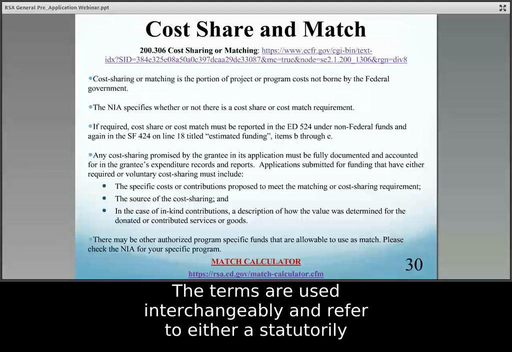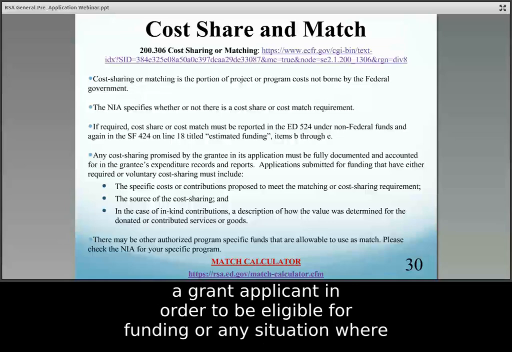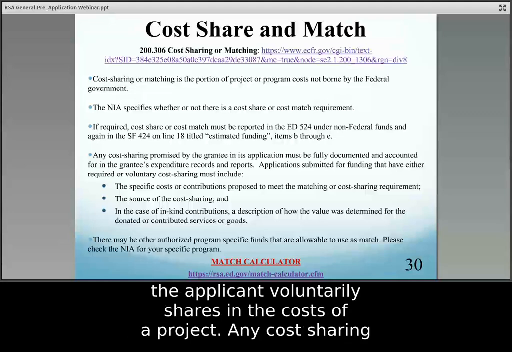The terms are used interchangeably and referred to either a statutorily specified percentage of project program costs that must be contributed by a grant applicant in order to be eligible for funding, or any situation where the applicant voluntarily shares in the cost of a project.